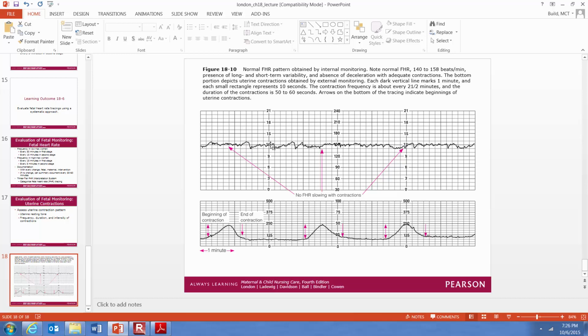We're kind of trying to draw a line between the center of these squigglies. Now you'll have some marks below, you'll have some marks above, but on average, we're looking for where the line would be in the middle of all these squigglies. And in a 10-minute period, because we need 10 minutes to determine a baseline, then we see what that number is. And in this case, it's 150.